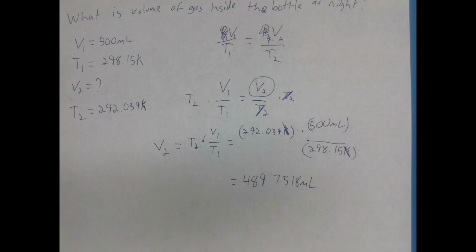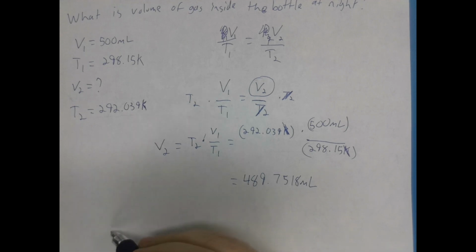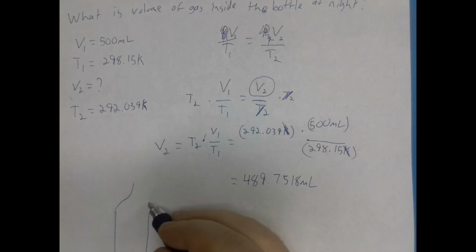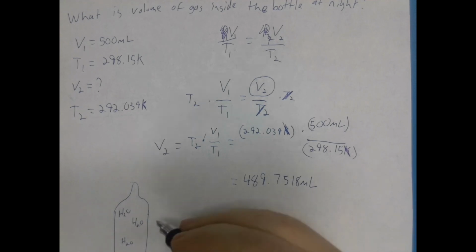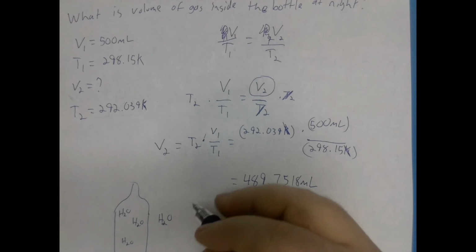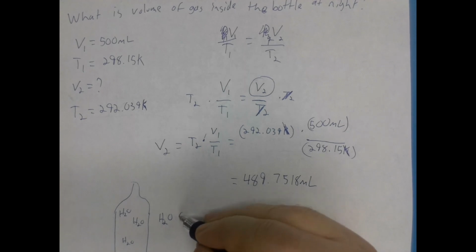Another thing is the amount of water vapor that can be absorbed in air is dependent on temperature. So as something cools down, if you didn't have pure air, we have a water bottle and it has some H2O molecules floating around inside of it in the gas form, water vapor.